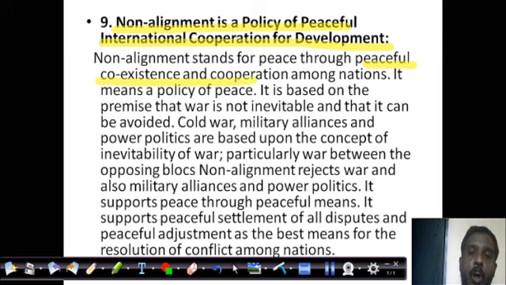It is based on the premise that war is not inevitable and it can be avoided. So they say that war is not a solution for anything. It can be avoided in any circumstances. Cold War, military alliances and power politics are based upon the concept of the inevitability of war. So non-alignment rejects war and also military alliances and power politics. So these are the nine important features of the non-alignment movement.